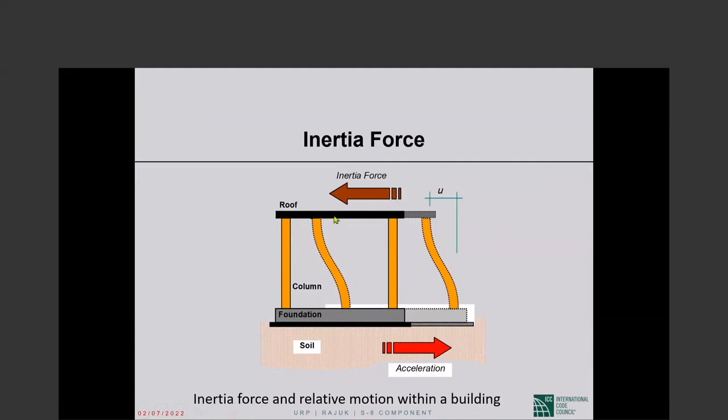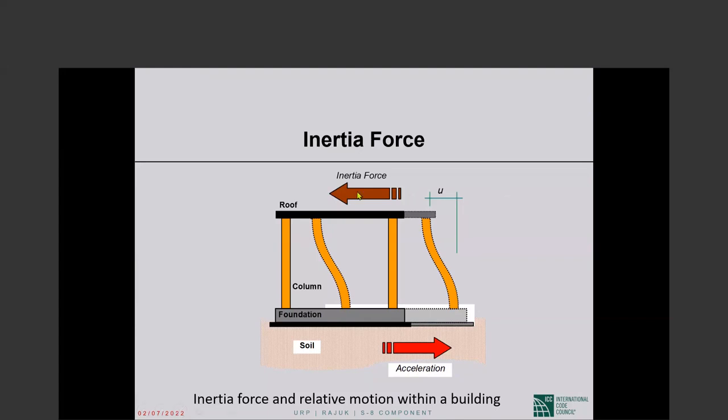The mass of the structure, which is mainly concentrated at the floor and the roof levels, cannot readily follow the movement of the foundation unless it is a very short, stocky structure. The mass stays behind and then tries to catch up.